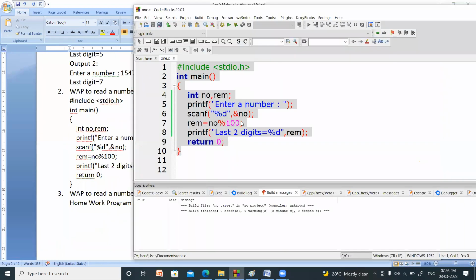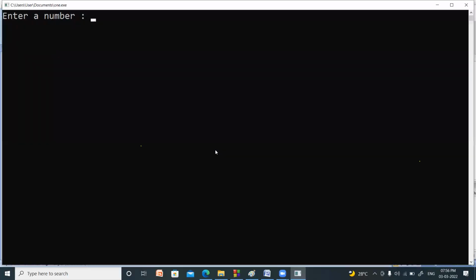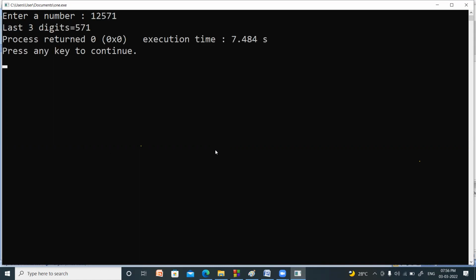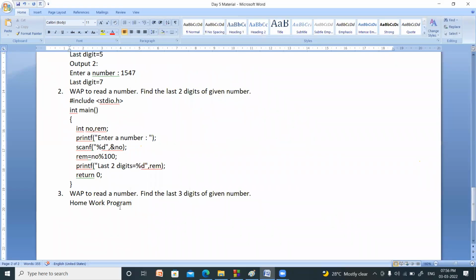That's it. Now you will get the last 3 digits. You have to learn these formulas by heart. My number is 12,571. Now my last 3 digits are 571. Got it? In this way, we have to find the answer.